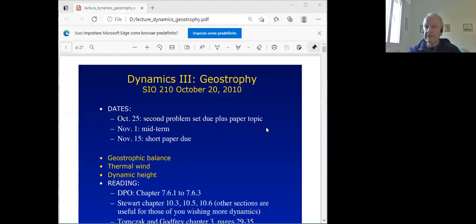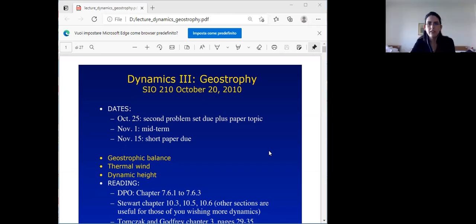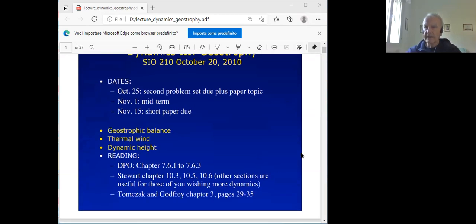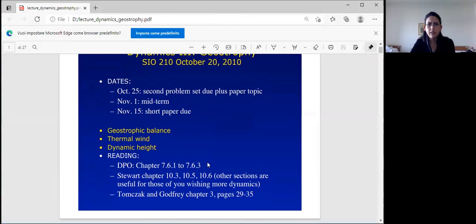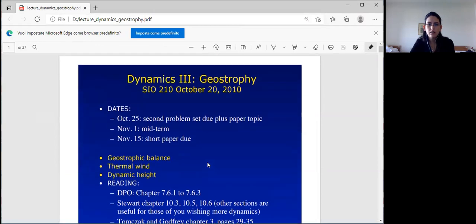Can you see this? Can you see it? Yes. Okay. But it's small, right? It's not big enough. Can you see it? Yeah, it's big enough. Okay.